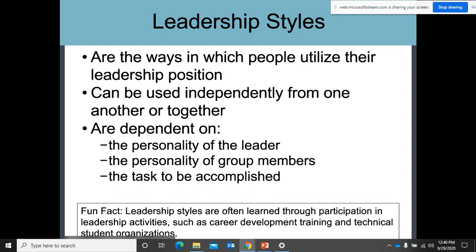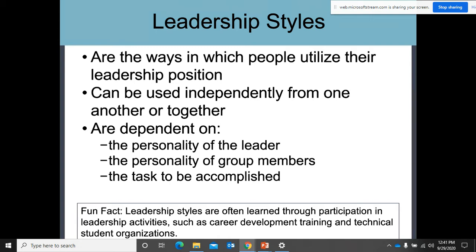So leadership styles are the ways that people utilize their leadership position. They can be used independently from one another or together. They are dependent on the personality of the leader, the personality of group members, and the task to be accomplished.